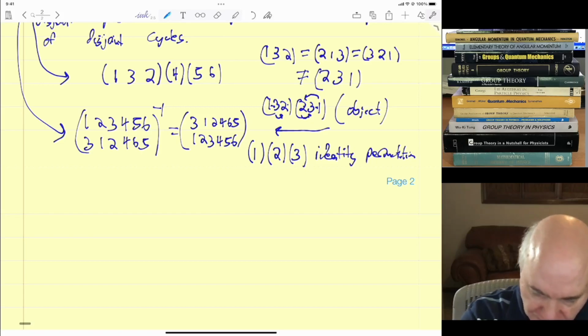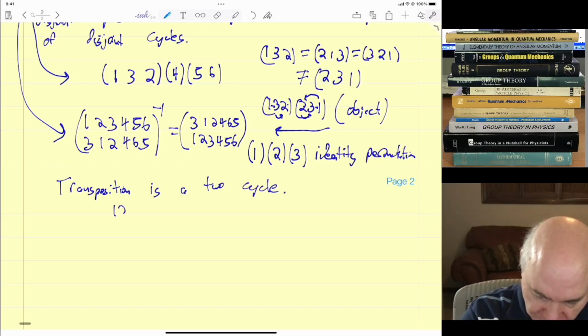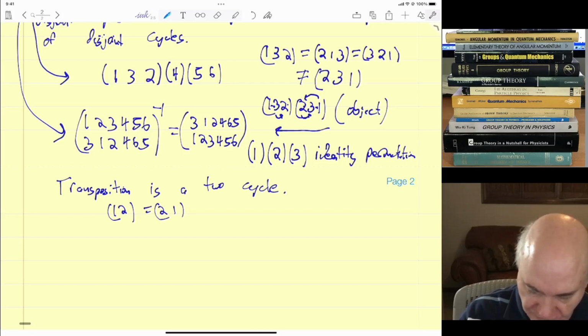Okay, so that's just some notation. I'll do some more notation. A transposition is a 2 cycle. So (1 2) is equal to (2 1). This is a transposition.